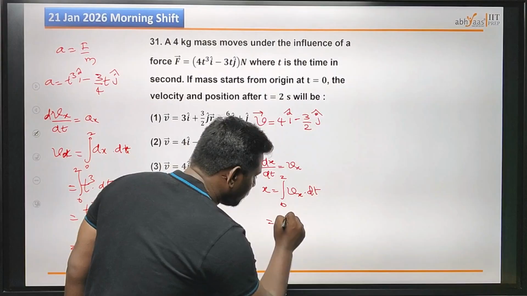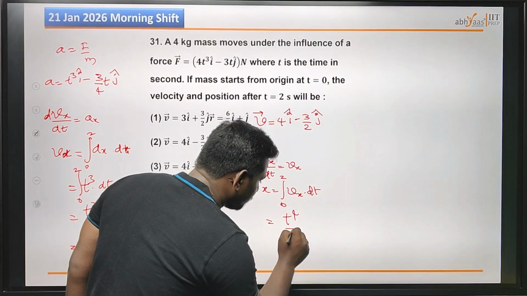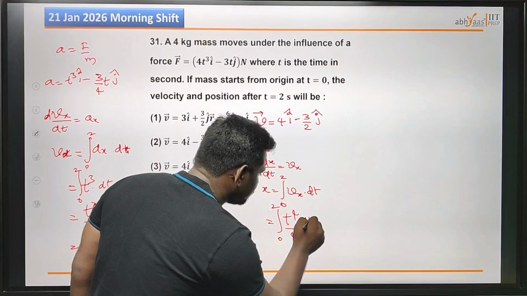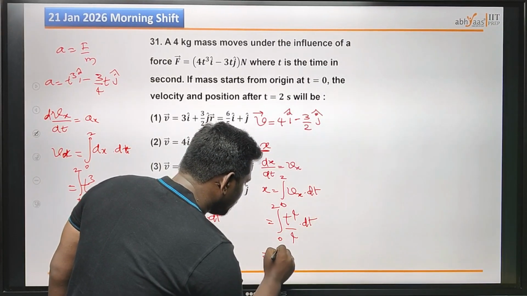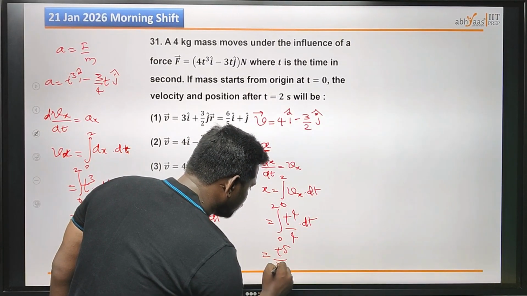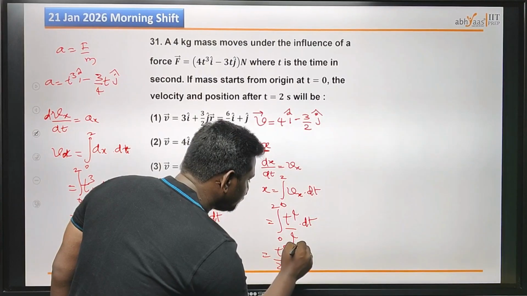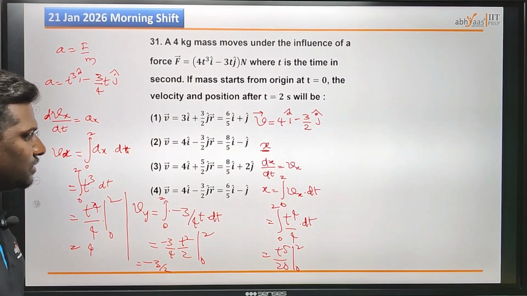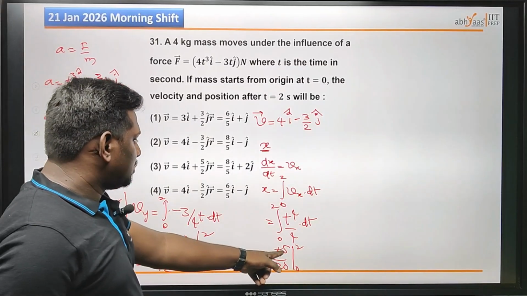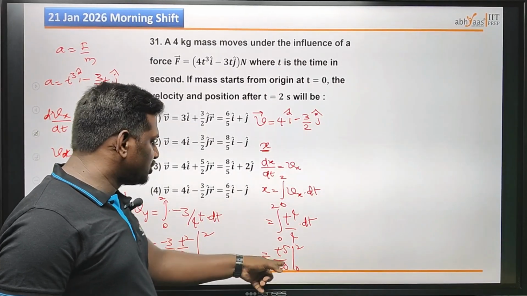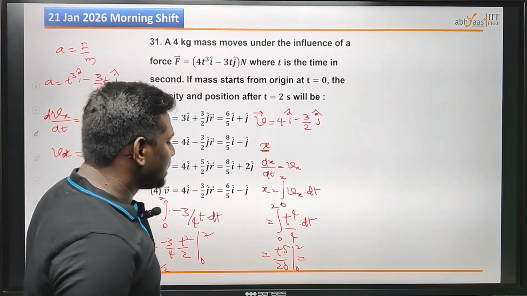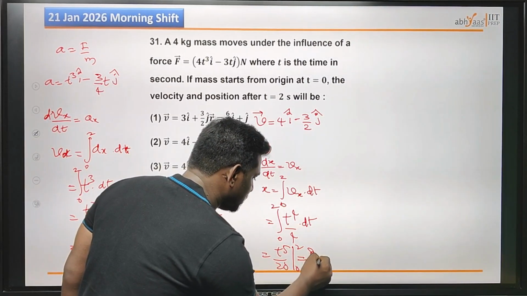If you solve this, t power 5 by 20 from 0 to 2. So 2 to the power 5 is 32 by 20, which you can simply write as 8 by 5.